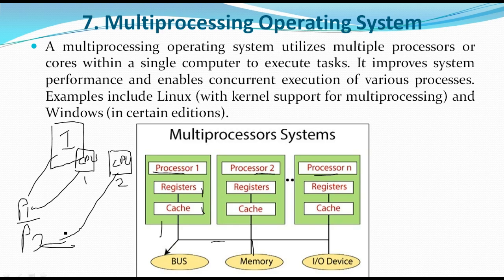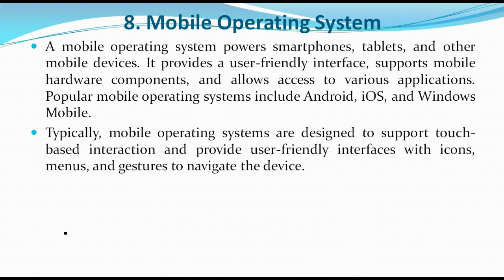So a mobile operating system is Android or iOS, or in some mobiles there is a Windows operating system also. We are using smartphones, tablets and other mobile devices, and in those devices we are using this mobile operating system.